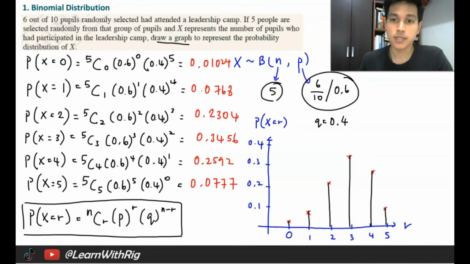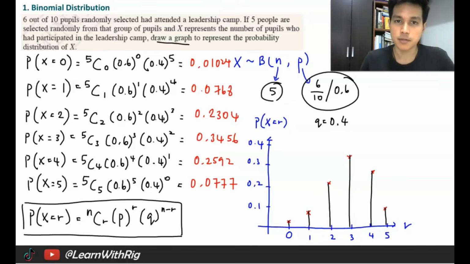Make sure you take note: the graph of a probability distribution is all straight lines. That means you're telling when r equals 0, the probability is 0.01. When r equals 1, the probability is 0.07 and so on. So this is how you draw a probability distribution graph.